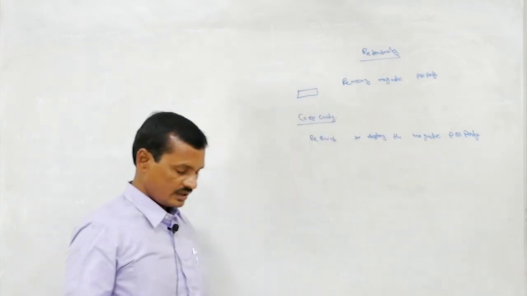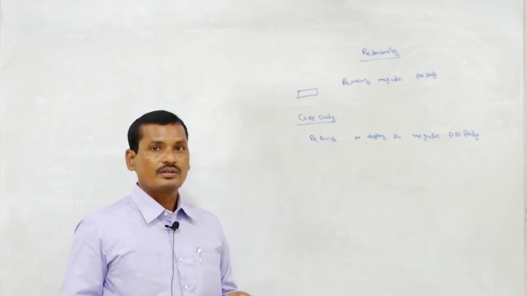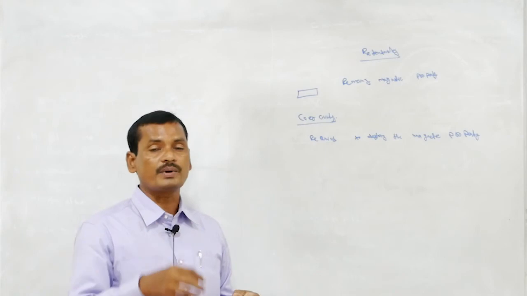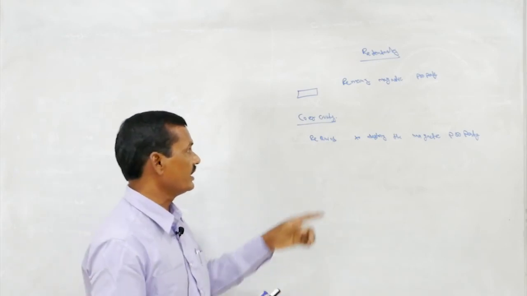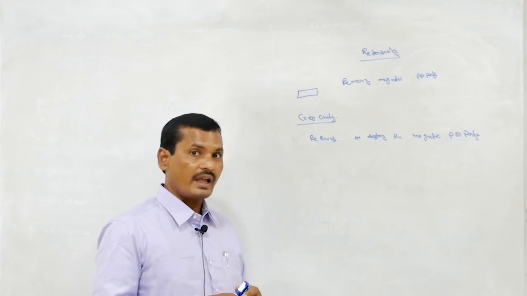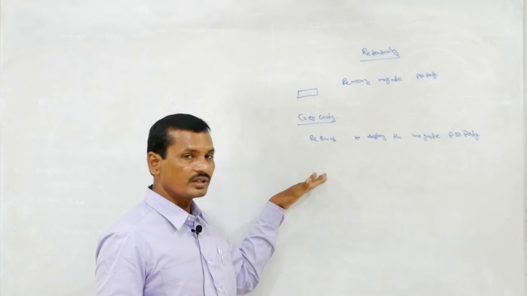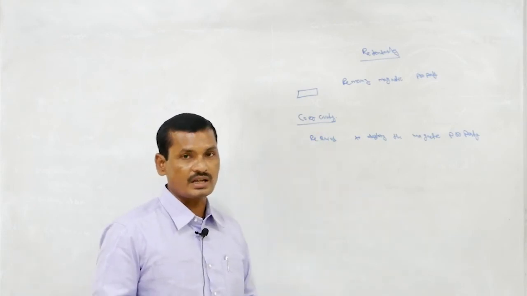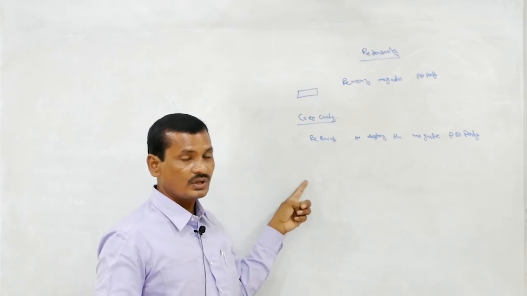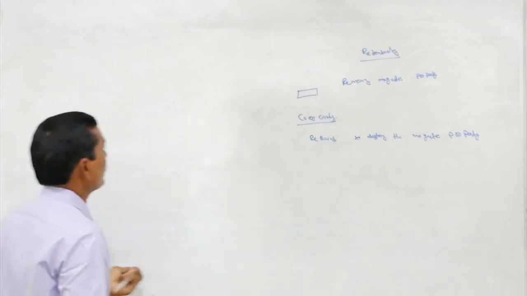In this condition we are magnetizing. In this condition we are removing the property of a sample. That's why coercivity means the external factor acting to destroy, to remove the magnetic property of a sample. So by using these two factors we draw a hysteresis curve.